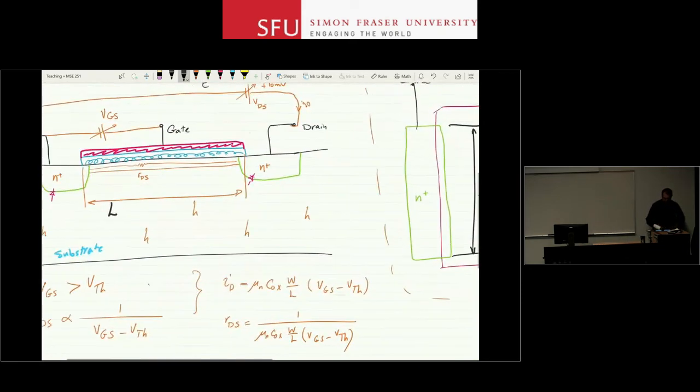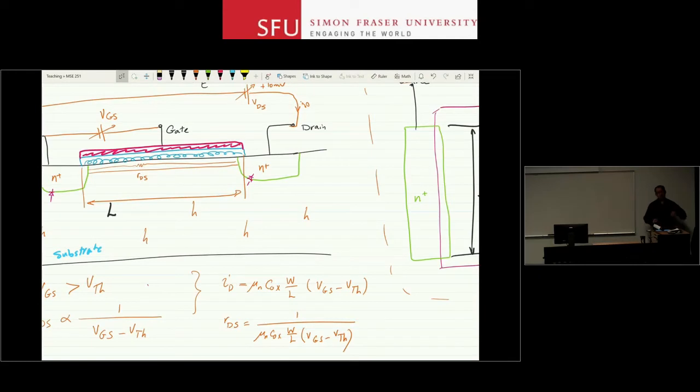C oxide is the unit capacitance for that metal oxide semiconductor that we mentioned. And that tells you how efficient your device is in converting the voltage that you apply there to accumulation of charge. So what does that mean? You have a capacitor.